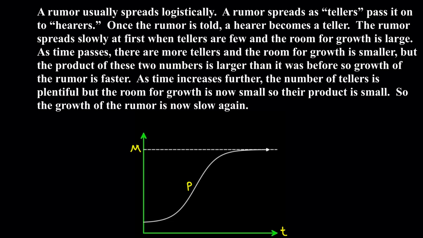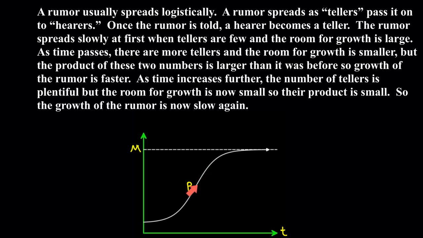The rumor spreads slowly at first, when tellers are few and the room for growth is large. As time passes, there are more tellers and the room for growth is smaller, but the product of these two numbers is larger than it was before, so the growth of the rumor is faster.